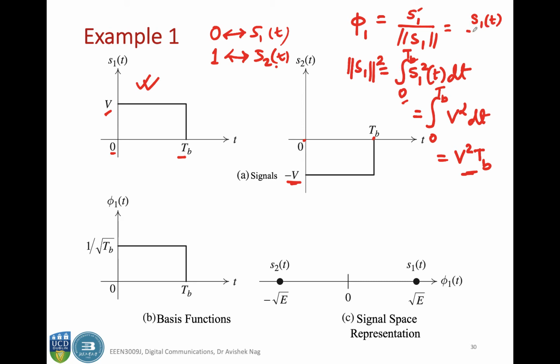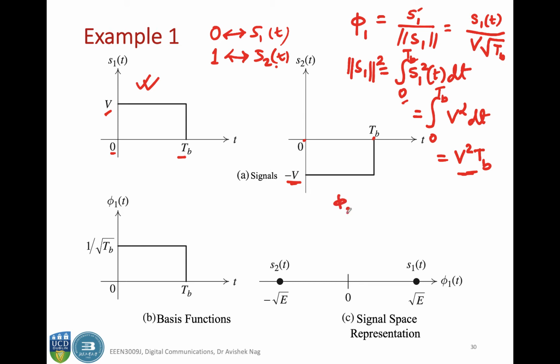So phi 1 is S1 divided by the norm of S1, which is the square root of this term, so this will be V root TB. This is your phi 1. Now what will be your phi 2? Let's try to compute phi 2.